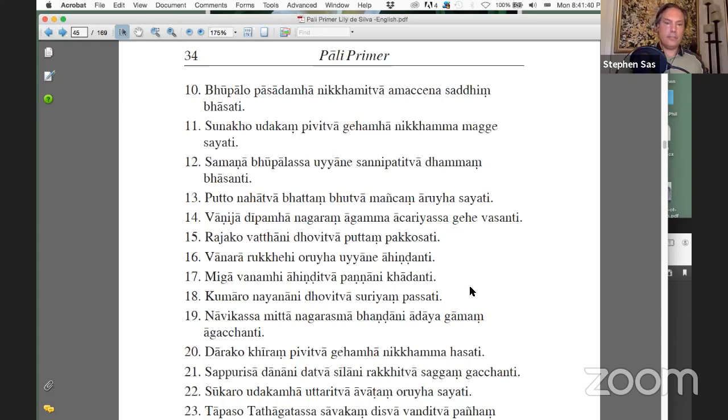So having drunk water and having left the house, the dog lies down on the road. Yes. Or even possibly it would be possible to take sayati as sleeps, I think. Sleeps, okay, on the road or the path. Yes. Right. Very good usage of the two absolutives. Very good. Thank you.